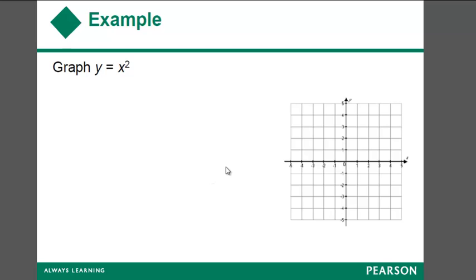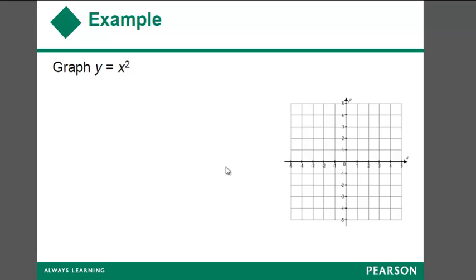Now then, let's look at this. We want to graph y equals x squared. How do we do that? First, we want to begin by constructing a table of values. Remember from previous, we choose values for x and plug those in, and we'll get our y values.